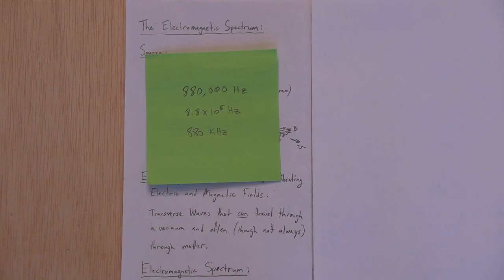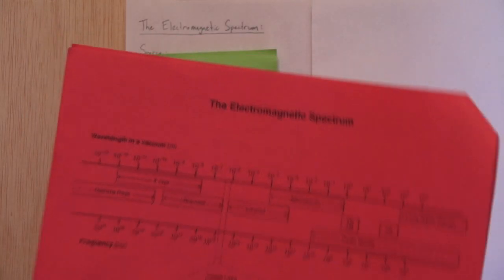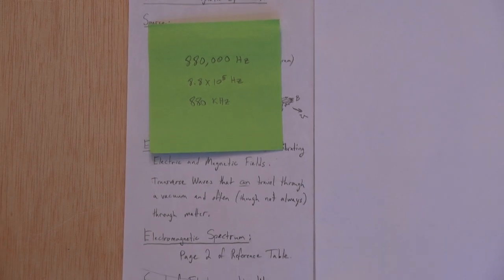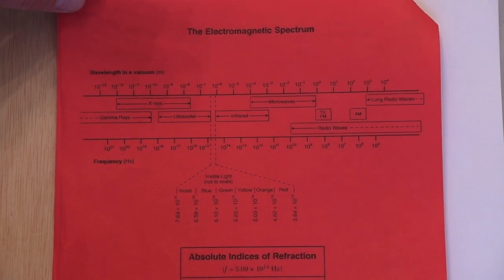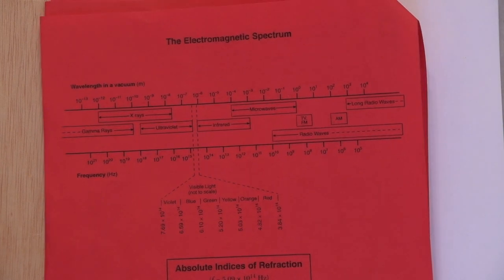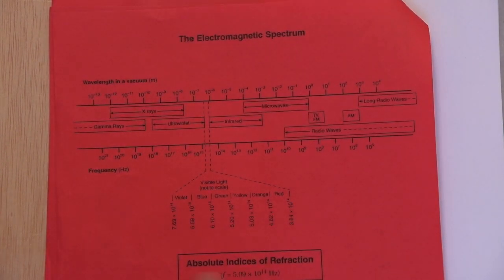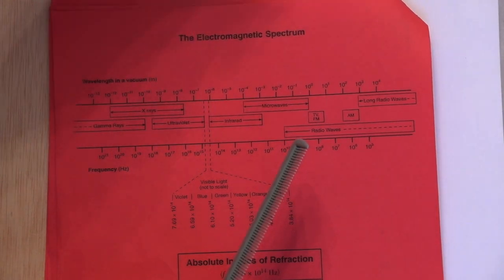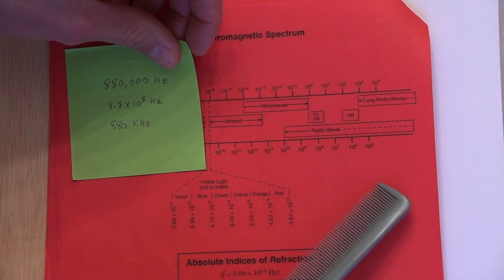In fact, we can see in our reference table the electromagnetic spectrum. So that's here, page 2 of the reference table. You don't obviously have to copy this down because you have it available for the Regents and all your quizzes in physics. So here you see I had that frequency of 8.8 times 10 to the 5th.